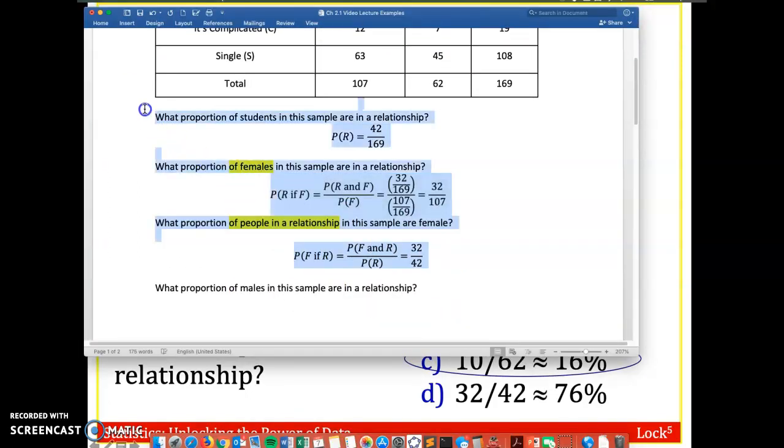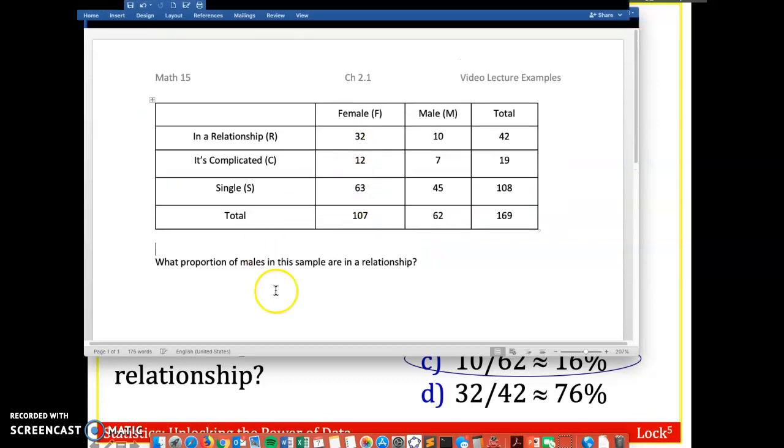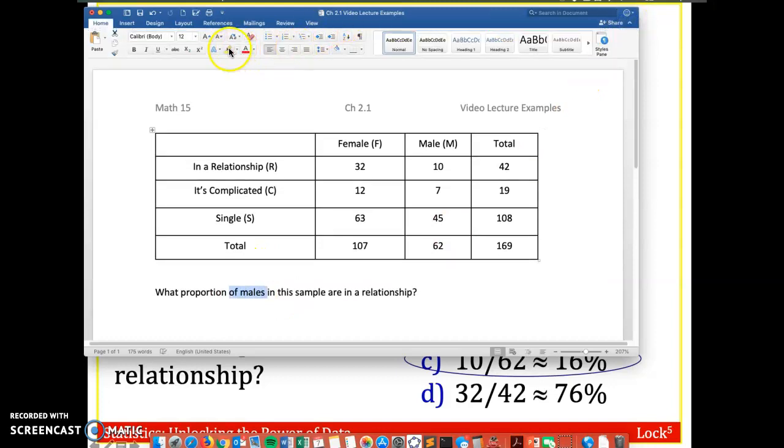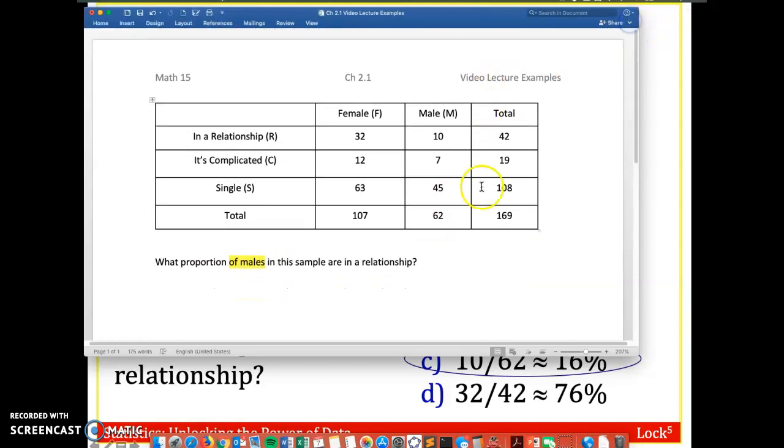And just to make some room, I'm going to delete all of these. All right, so what proportion of males? Again, that's, I think, the key word here. I would underline or highlight it if taking a test or doing a homework assignment. Okay, of the males, that's the given. So relationship if male.